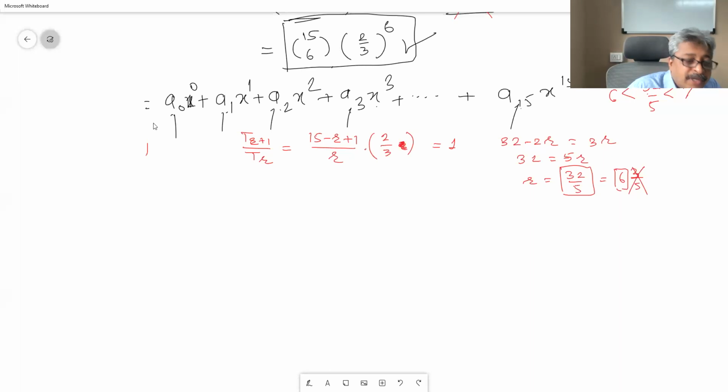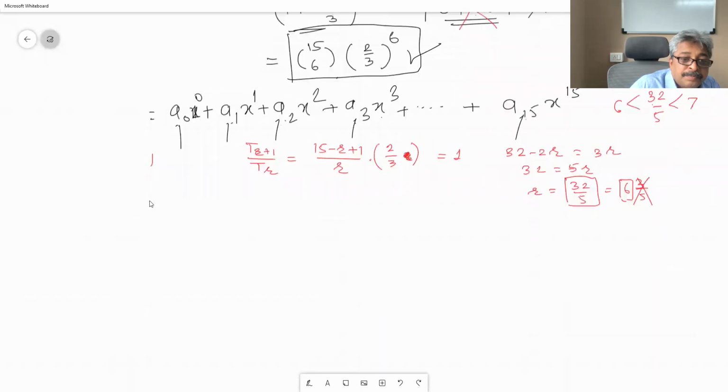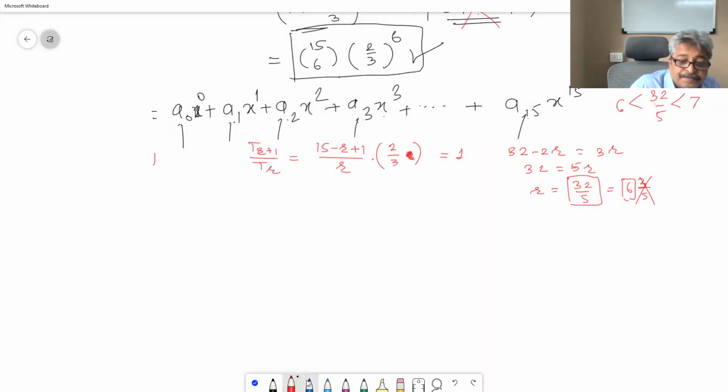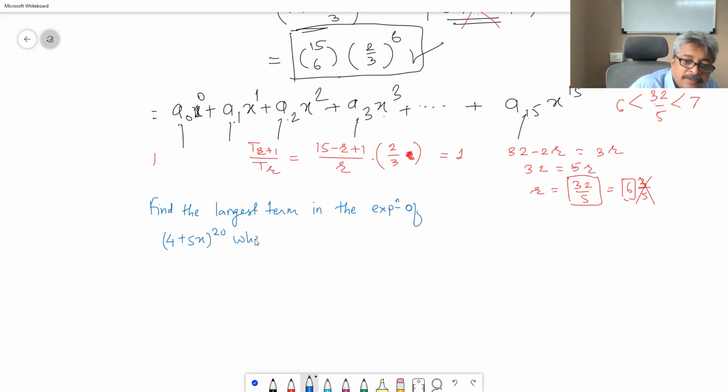Good. Find the largest term in the expansion of 4 plus 5x raised to 20, when x is equal to 1 upon 3.